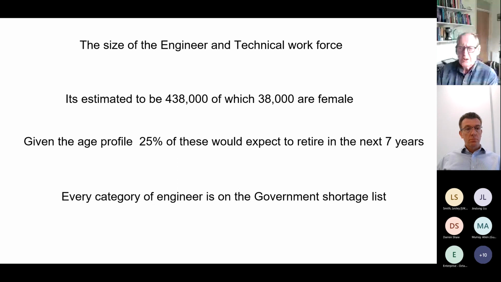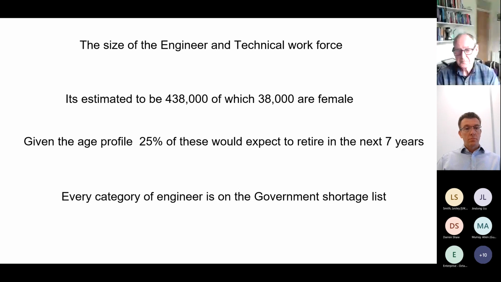But given the age profile, 25% of this 438,000 would expect to retire over the next 7 years. So not only is the overall demographic position tight, it's particularly tight for engineers and technical. And that's why every category of engineer is on the government shortage list, i.e., you can import them.